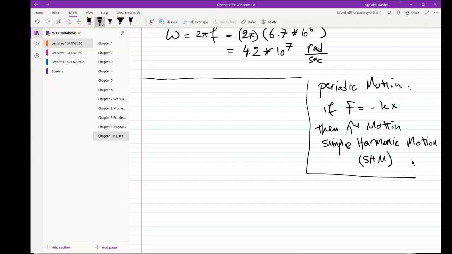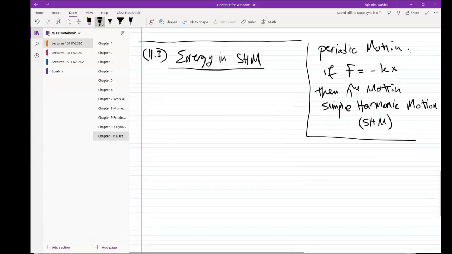So the topic, section 11.3, energy in SHM, energy in simple harmonic motion. So what does that mean? All right. Let's go back to the diagram that I have done with the oscillating mass. Remember that?